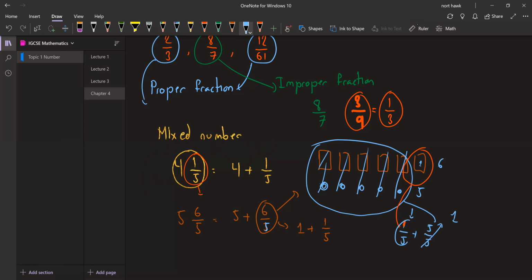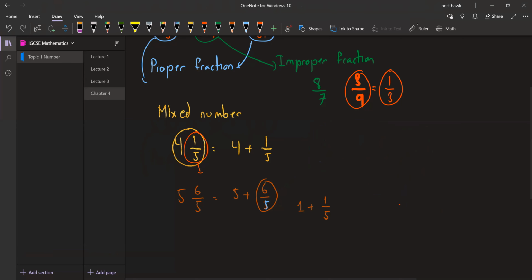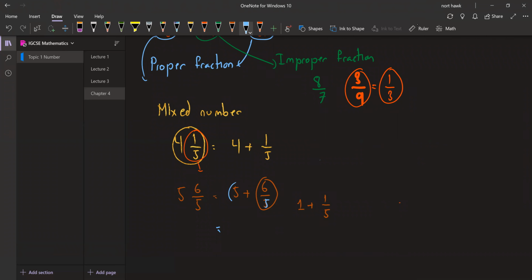That's why it's 1/5 plus 1. So 6/5 is 1 plus 1/5. So this plus this plus this becomes 6 plus 1/5, and the shorthand notation is 6 1/5. These are called mixed numbers.